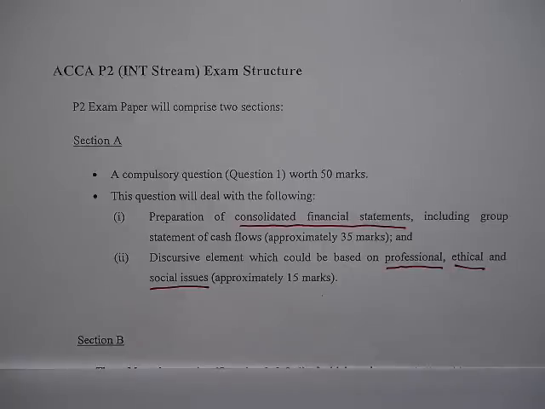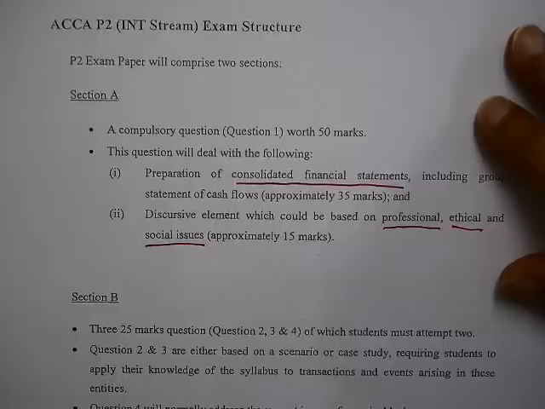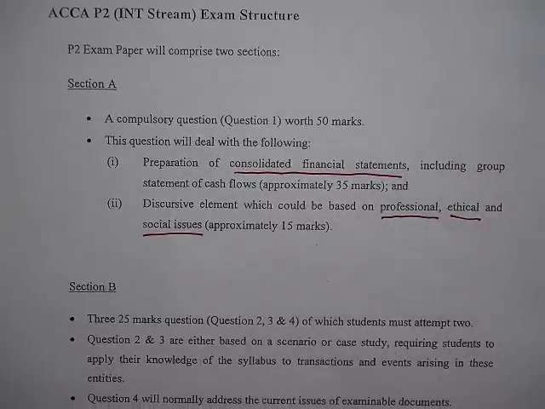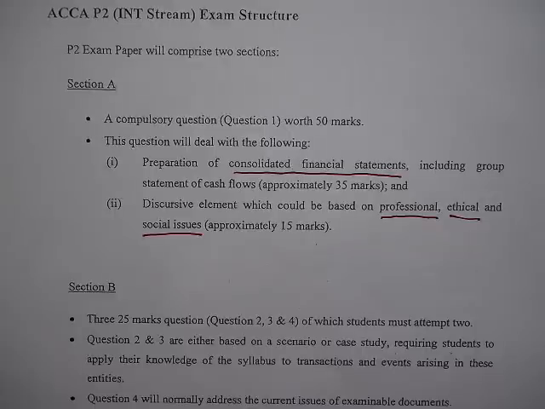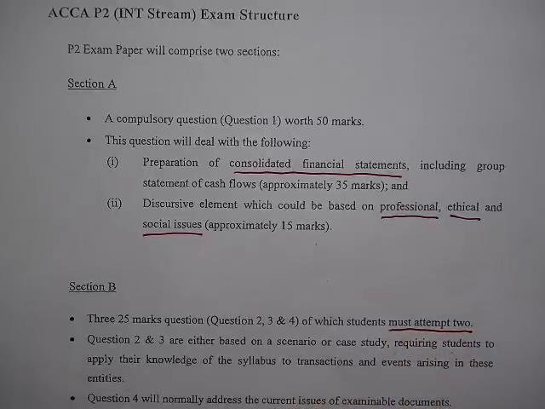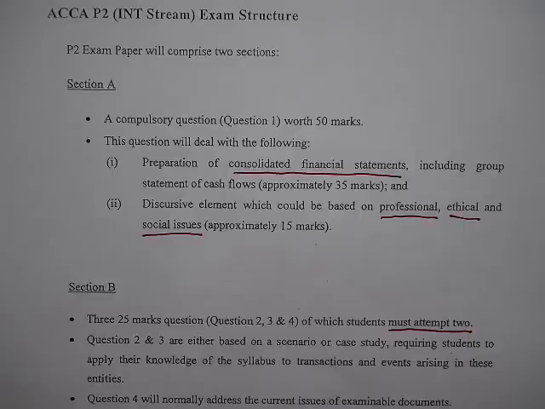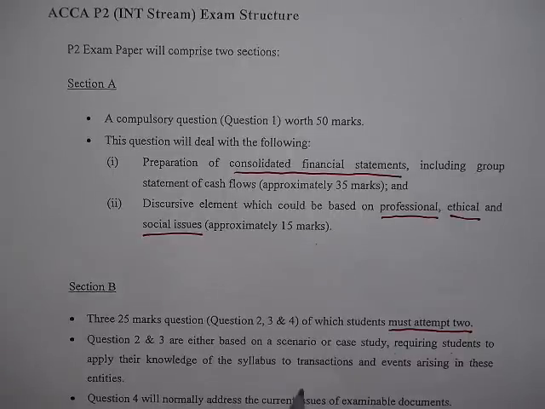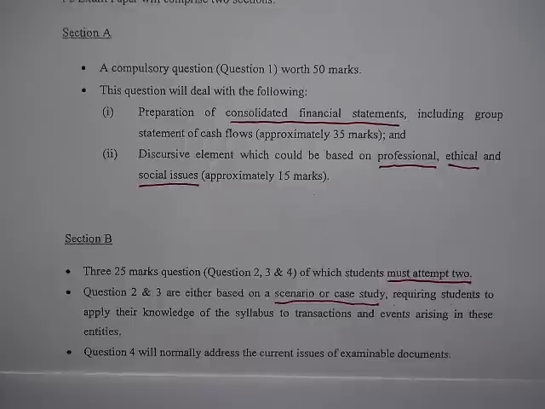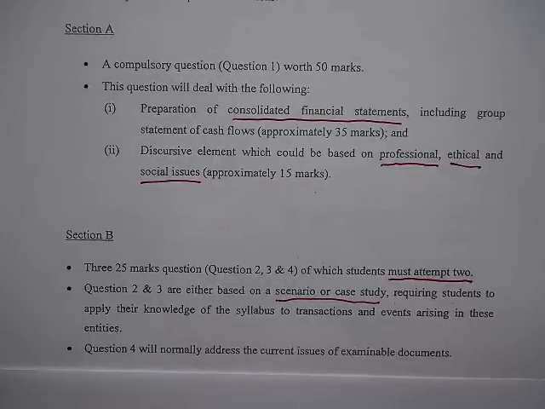Let's move down to Section B. Section B has three 25-mark questions labeled question 2, 3, and 4, of which students must attempt 2. Question 2 and 3 are either based on a scenario or case study, requiring students to apply their knowledge of the syllabus to transactions and events arising in these entities.